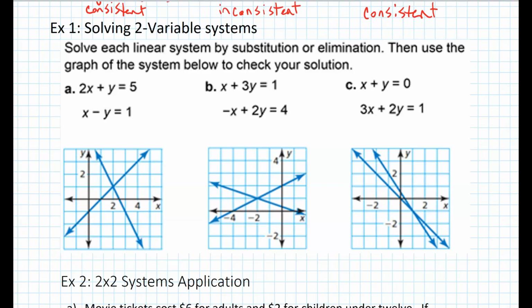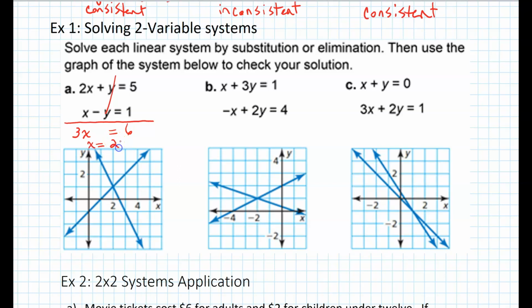So in the first one, I notice already that I have a positive 1y and a negative 1y, which means if I add these two together, 2x plus 1x is 3x. What happens to the y's? They disappear. Or they have been eliminated.